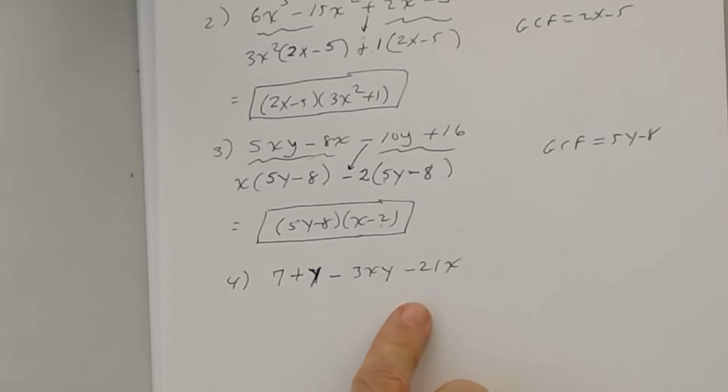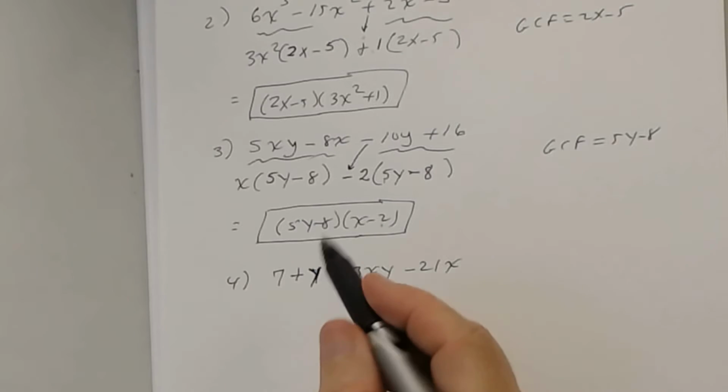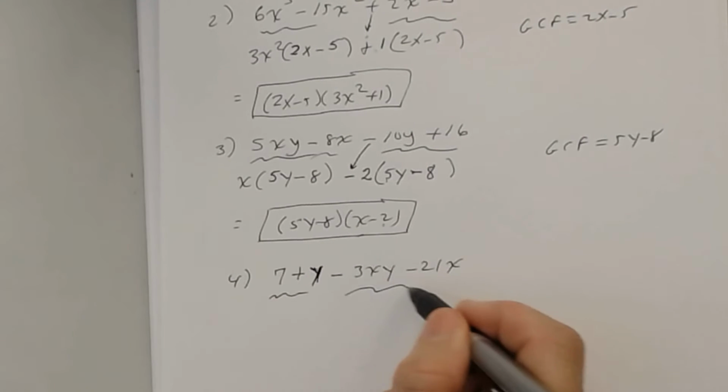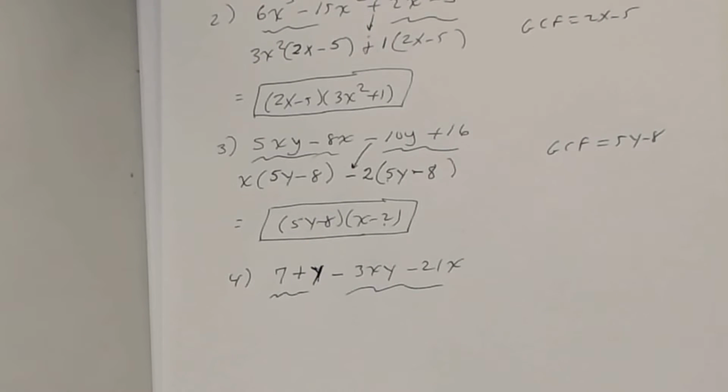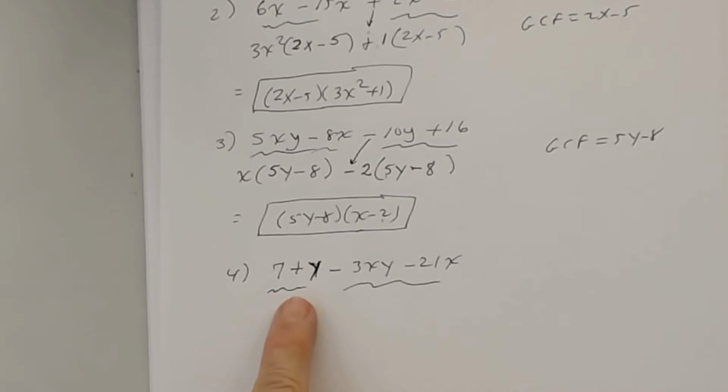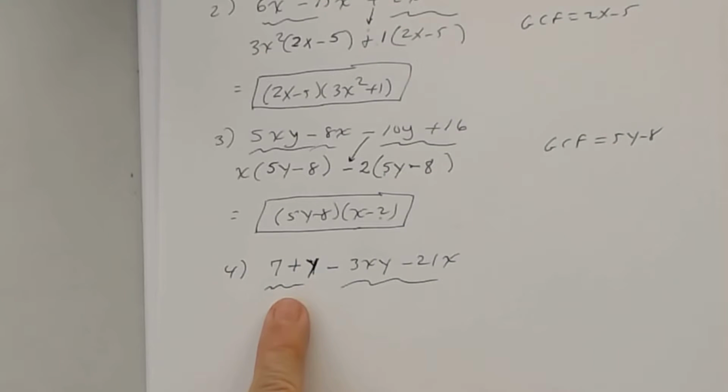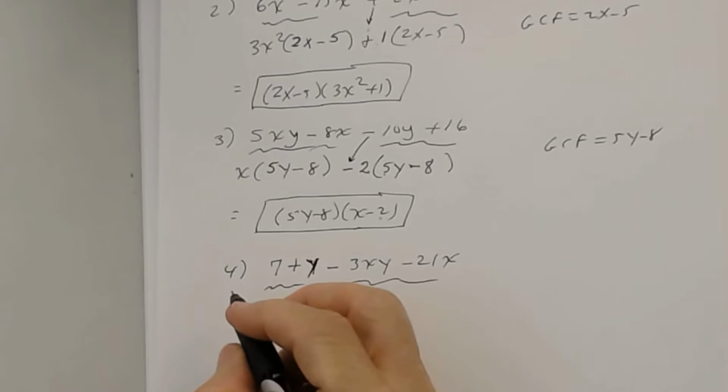For us, what's going to work for the moment will be group the first 2 and group the last 2. The first group, what's the GCF? 1. So when you write it there, you got to say that 1. That's going to be important.